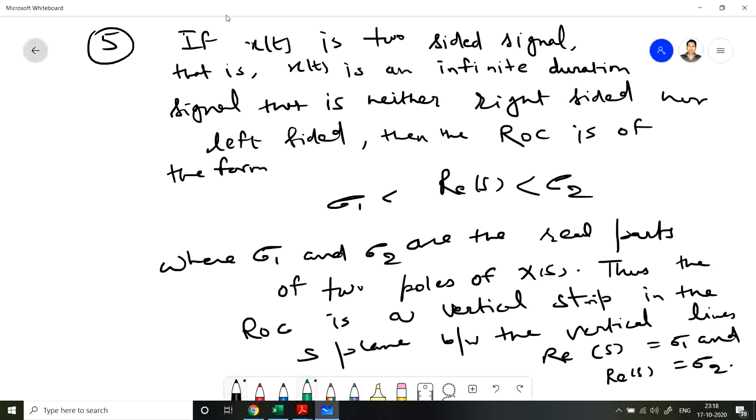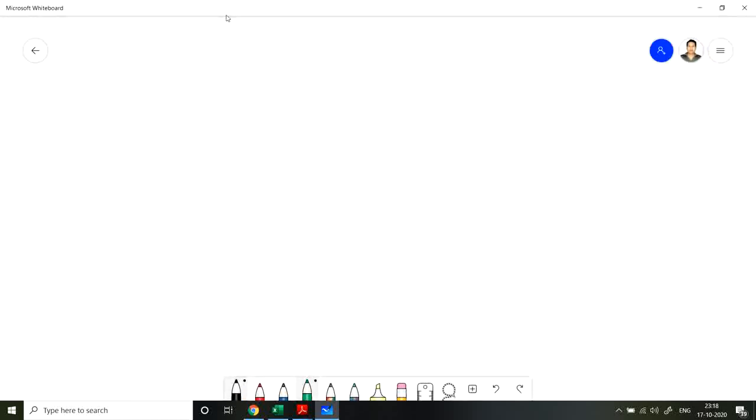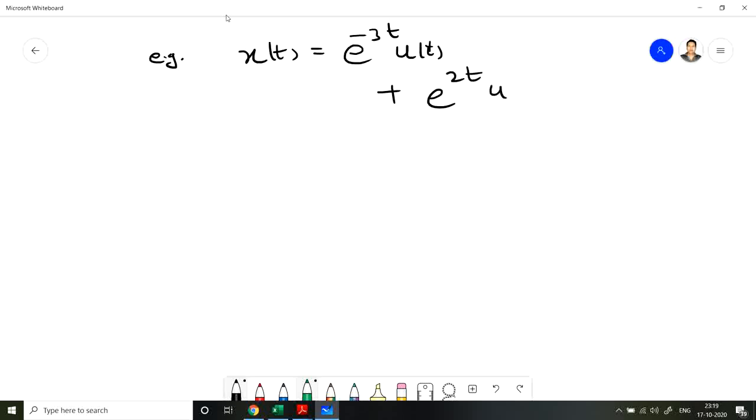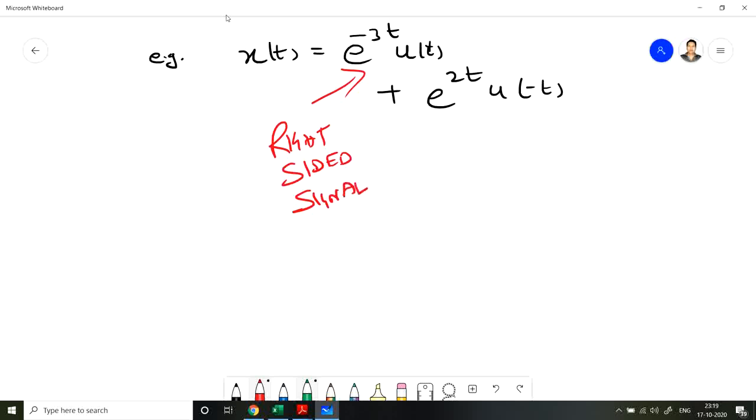So let us understand this property by using an example. x(t) is equal to e raised to the power minus 3t into u(t) plus e raised to the power 2t into u of minus t. If we see that signal, this is the right-sided signal, and this is left-sided signal.